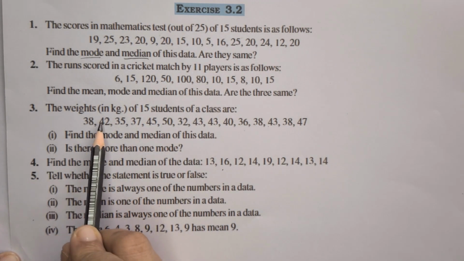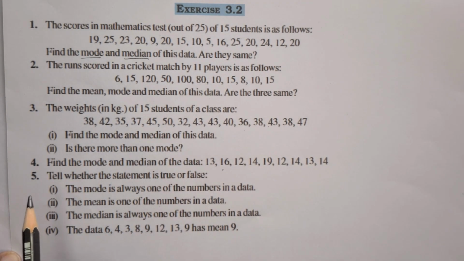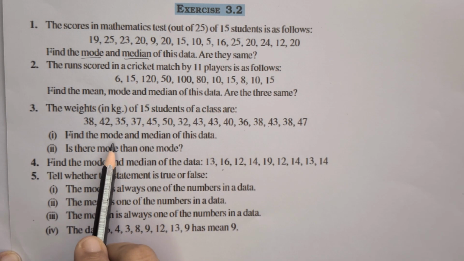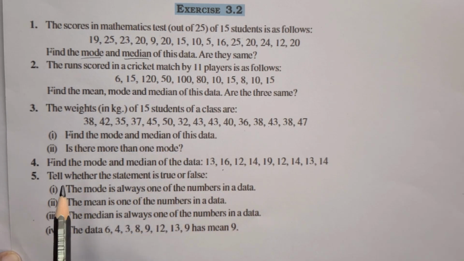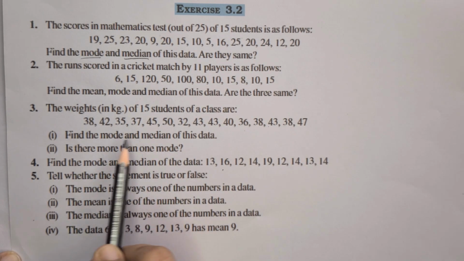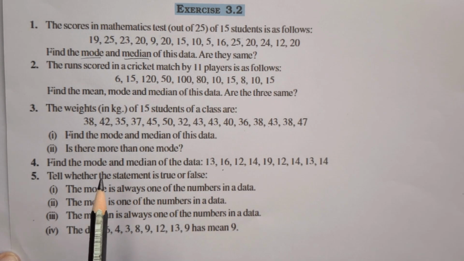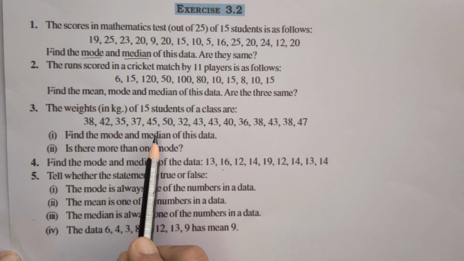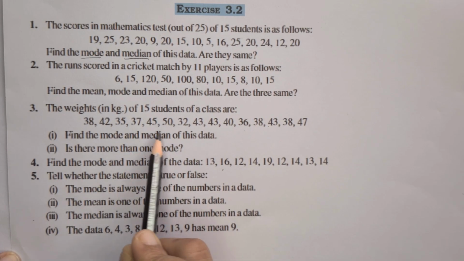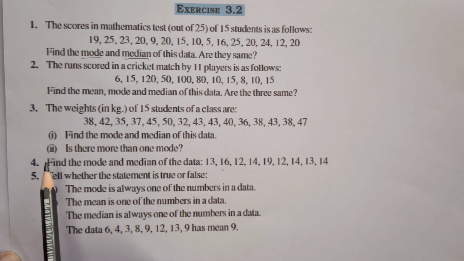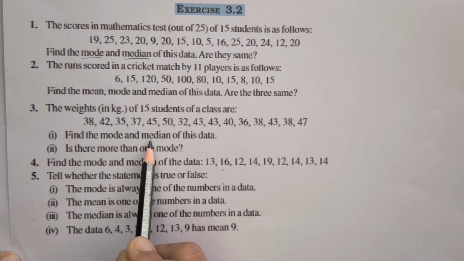Question number 3. The weights of 15 students of a class are given. Find the mode and median. To get the median, first we have to arrange in increasing or decreasing order. The number repeated the maximum number of times will be the mode, and the middlemost observation is the median.